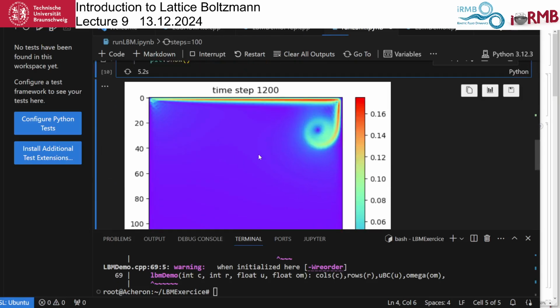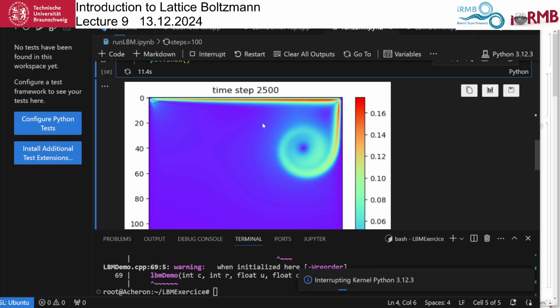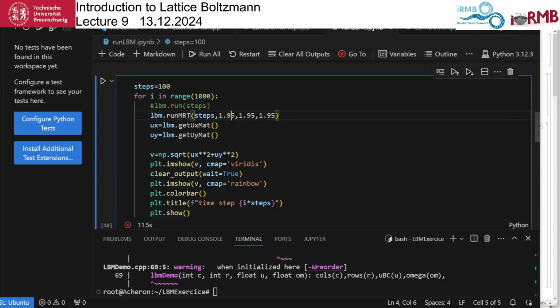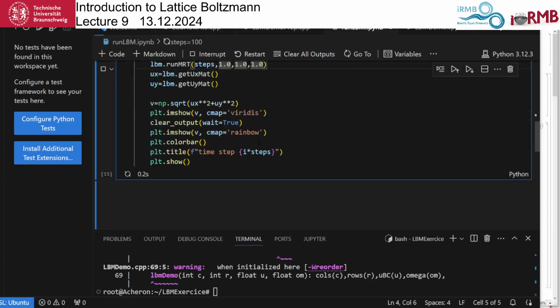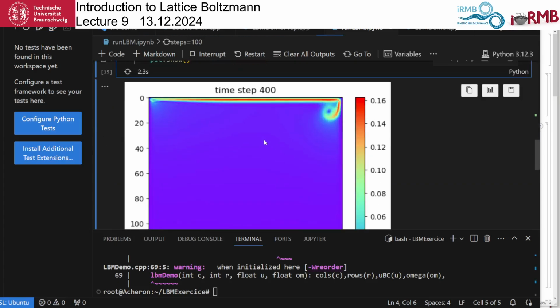It looks pretty similar. You get a little bit of this fuzzy thing here. Let's see whether we can actually do better, as we said, by putting these things here to 1. Let's run everything again.